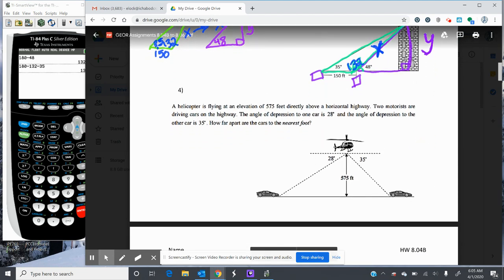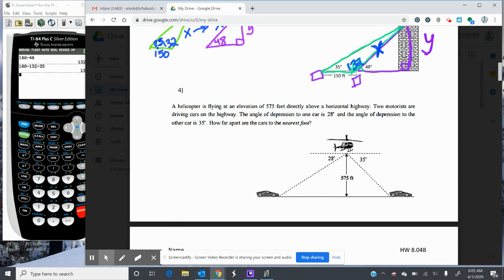A helicopter is flying at an elevation of 575 feet above a horizontal highway. So that means the helicopter here is 575 feet up and it's perpendicular to the ground. The two motorists are driving cars on the highway. The angle of depression from the helicopter to the first car is 28 degrees. The angle of elevation to the second car is 35 degrees.